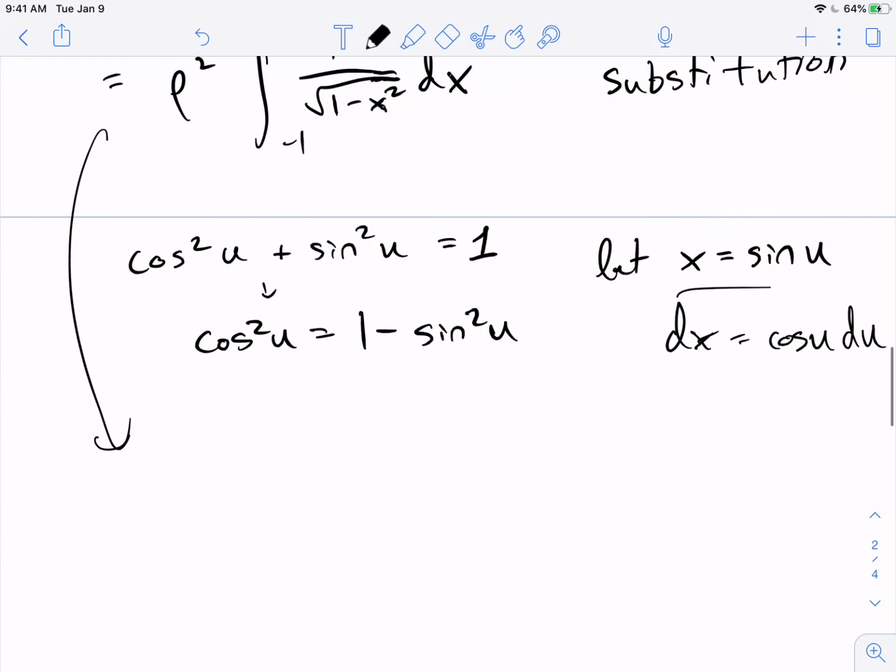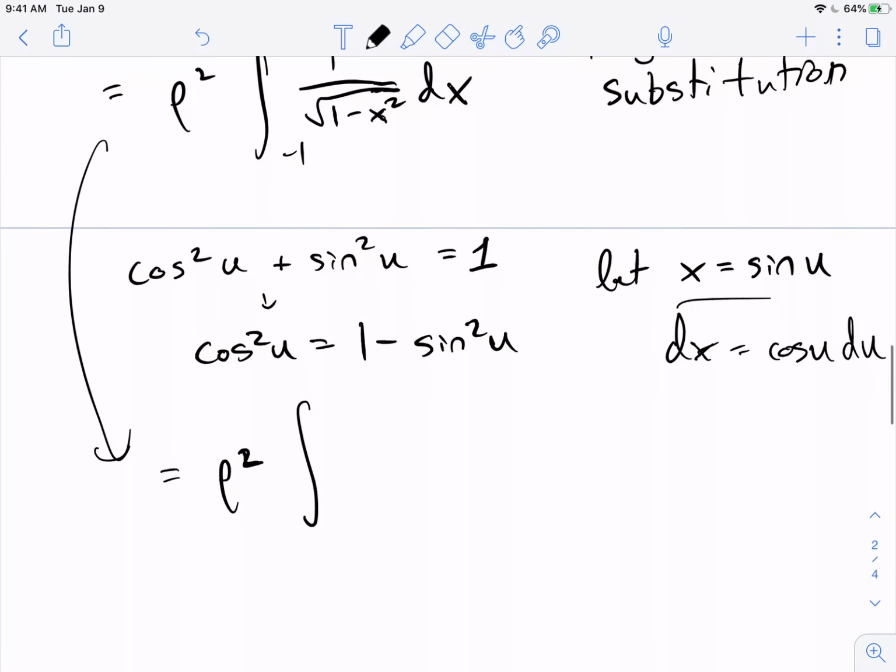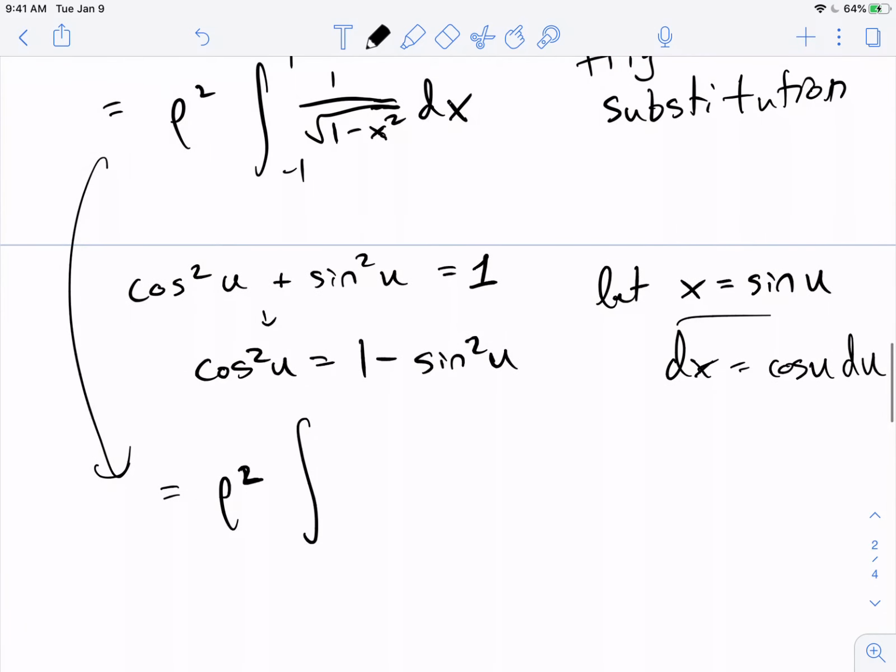And so this integral is equal to rho squared, and now I'm going to integrate with respect to u instead of x. So if x is sine u, this 1 minus x squared is equal to 1 minus sine squared u, so I can plug that in there. So this becomes 1 over the square root of 1 minus sine squared u. And then dx is cosine of u.